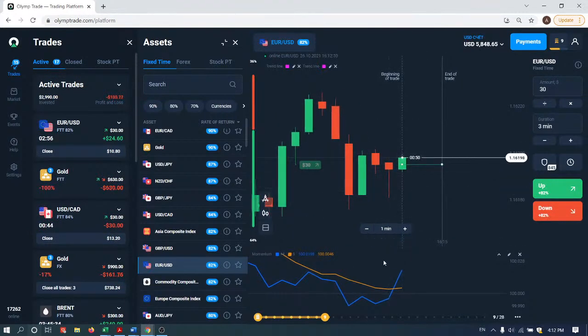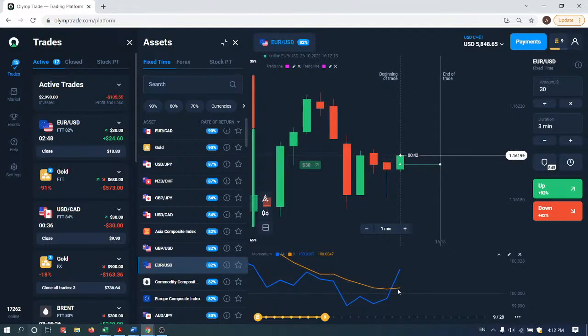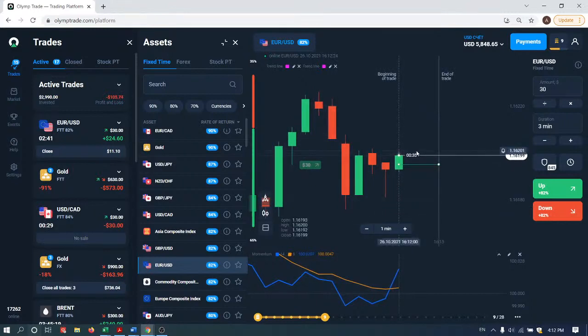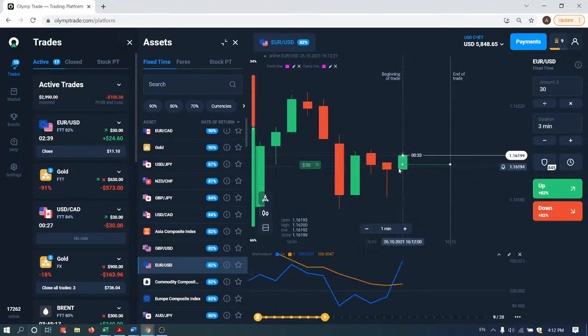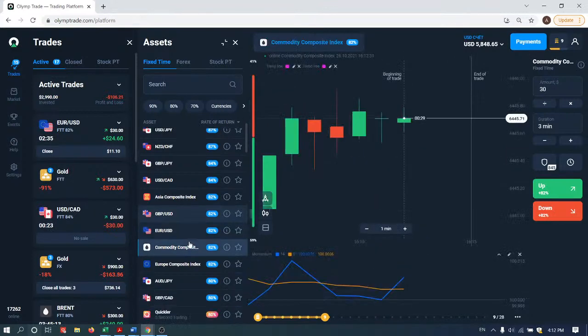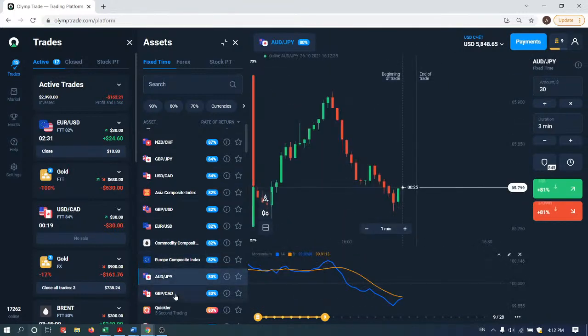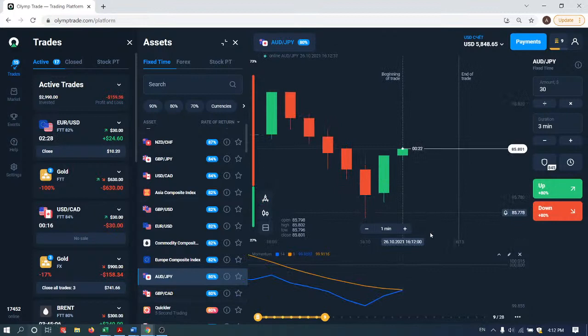Okay, so I'm not trying to guess. I'm not trying to anticipate what will happen. I just follow the signal from the strategy, and the signal currently is in the upwards direction. So you want to follow the signals from the strategy. If you pick some strategy, you would want to follow this strategy closely.